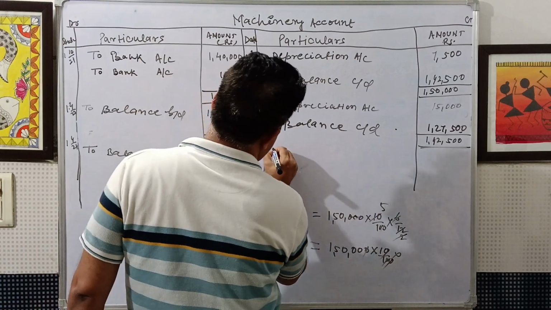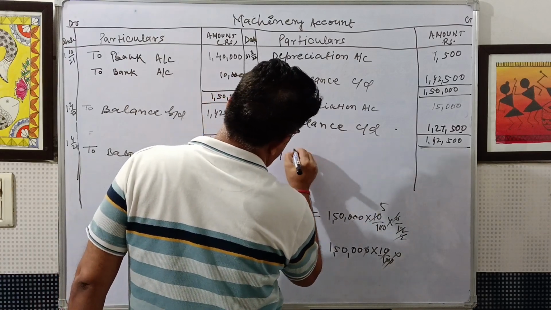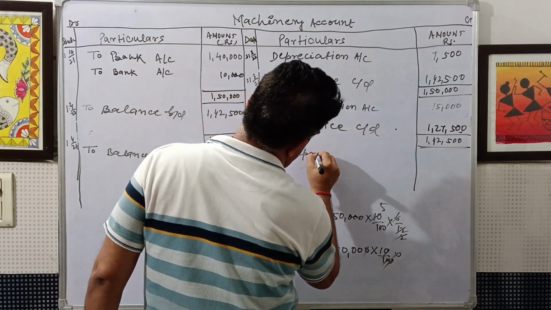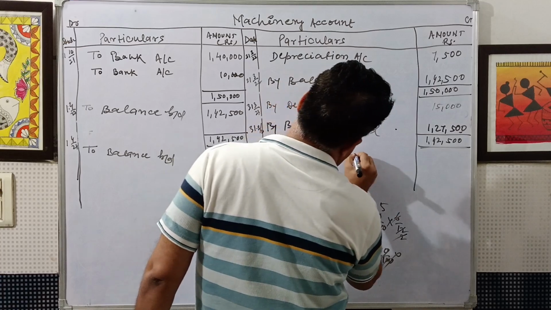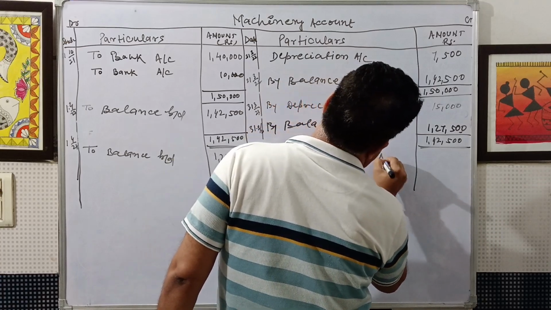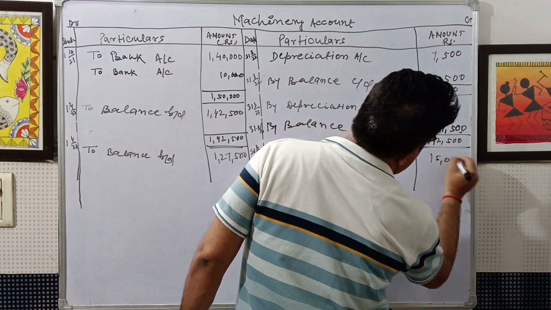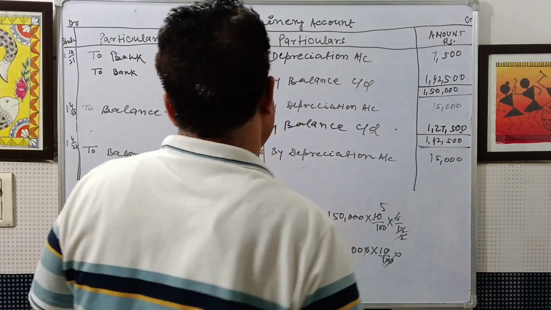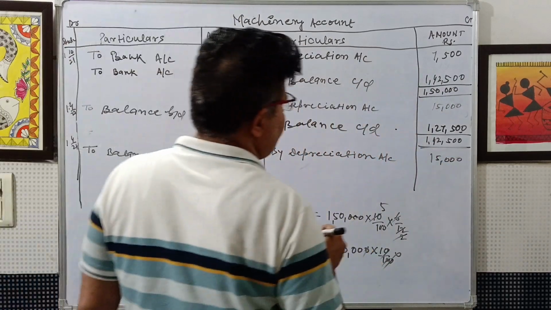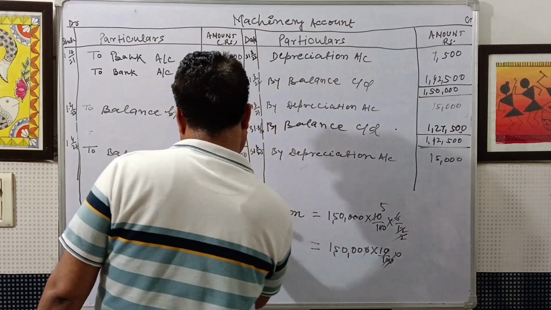So you write the by depreciation, how much? 15,000. Why? Because we used the straight line method, original cost method, fixed installment.